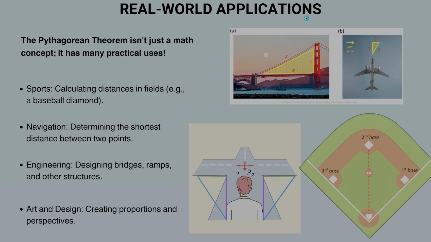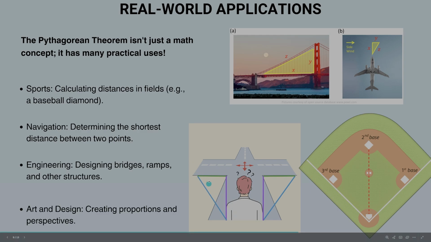Here are real world applications of the Pythagorean theorem. In sports, we can calculate distance in the field. For example, the baseball diamond here can form two right triangles. In navigation, you determine the shortest distance between two points.